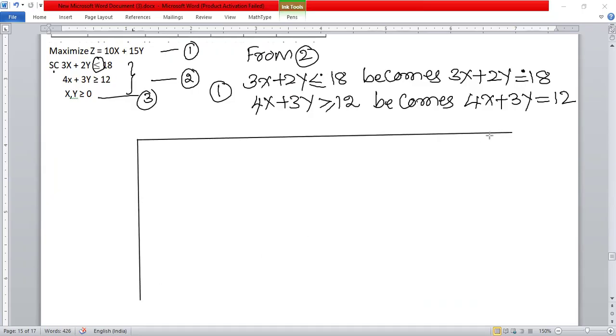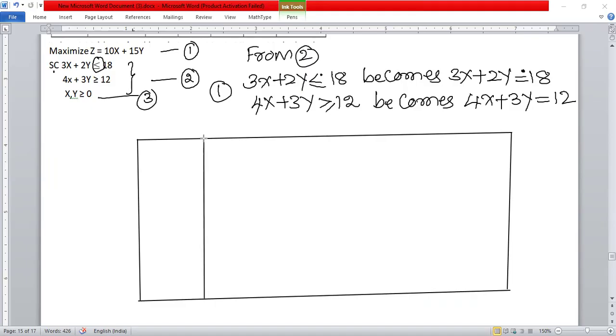When we are going to draw the graph, we need 2 points, one called the x point and one the y point.